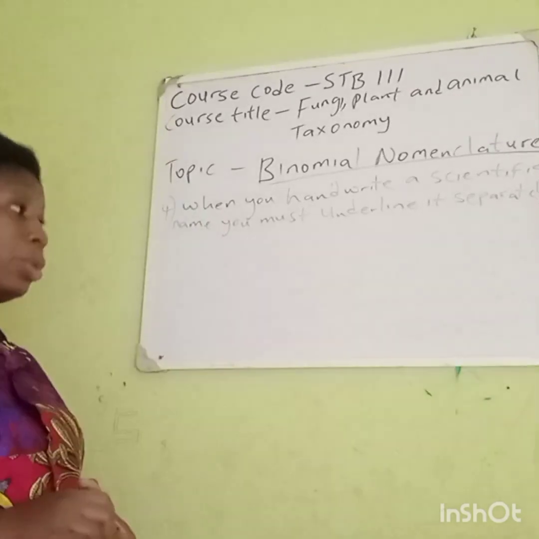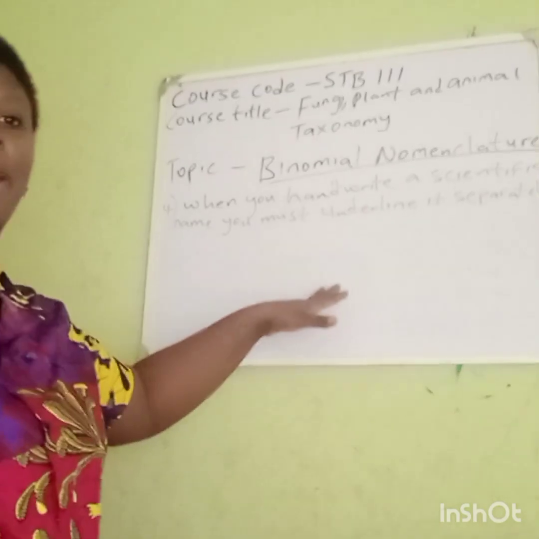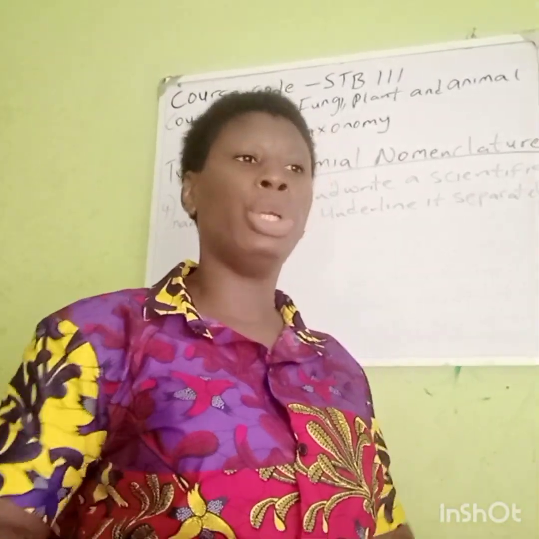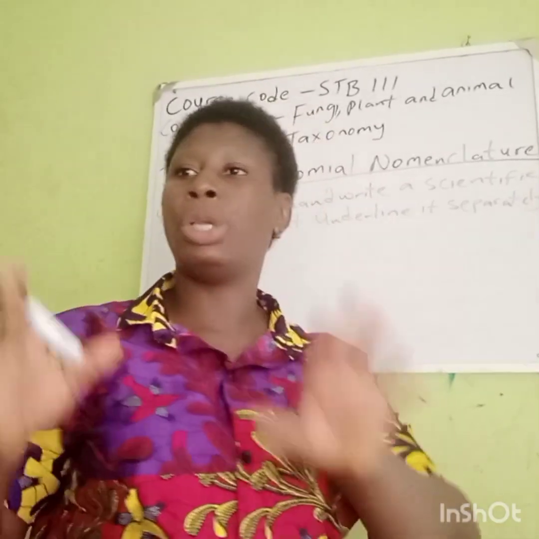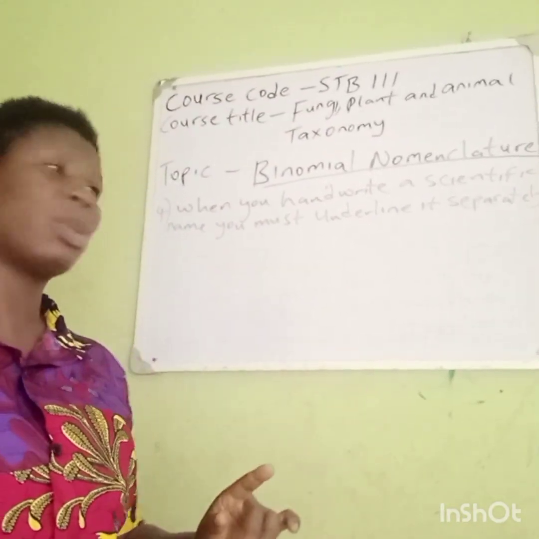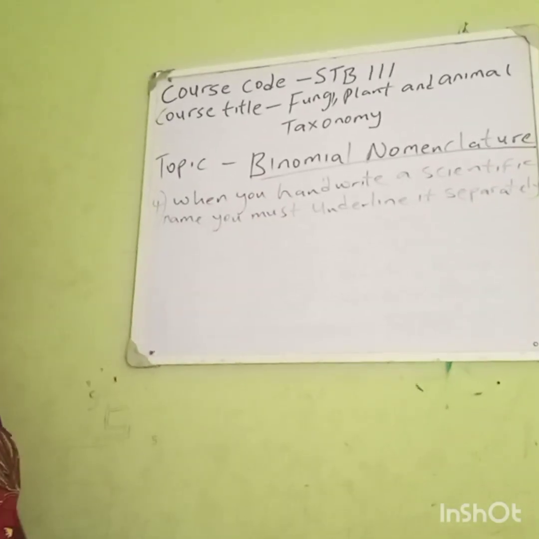Yes, you see those examples that I've written, I underlined it separately. You underline the genus separately, you underline the species separately. You must underline it when you are writing it by hand.